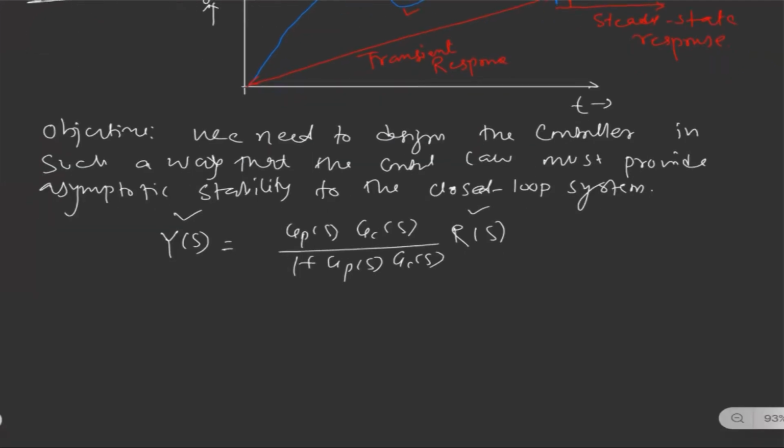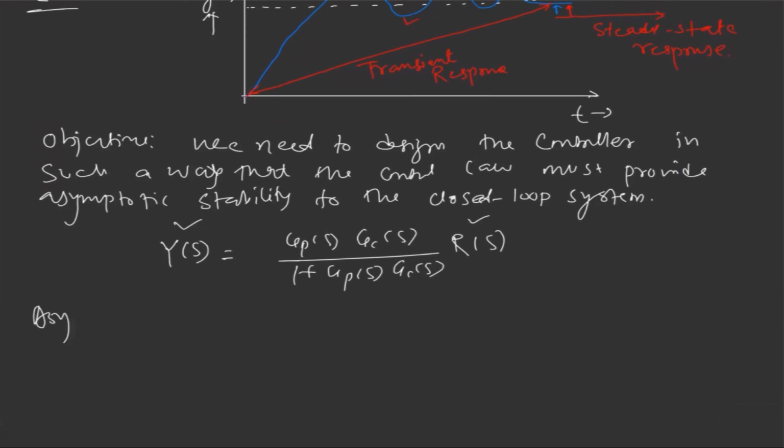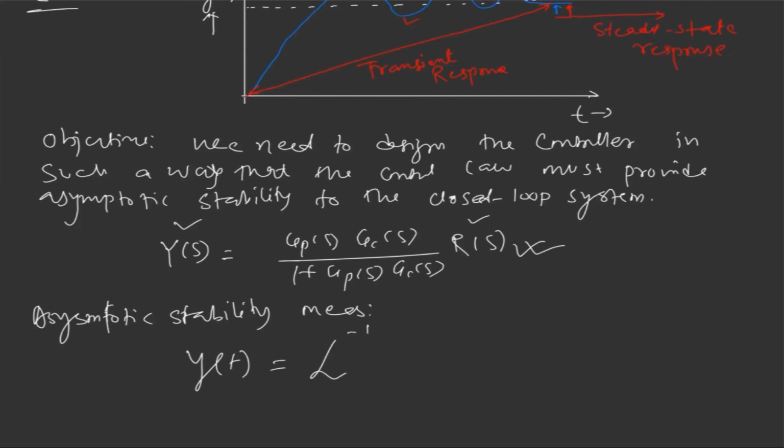Asymptotic stability means: if you take the inverse Laplace transform of this equation, we can write y of t in terms of Gp of s, Gc of s over 1 plus Gp of s, Gc of s.